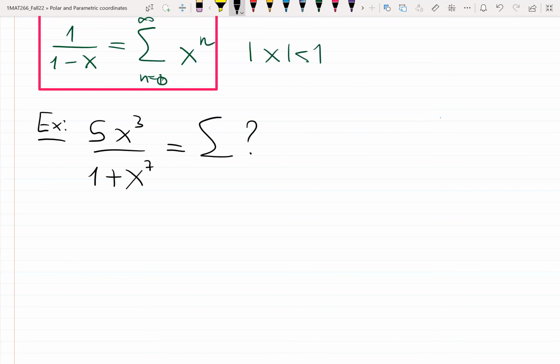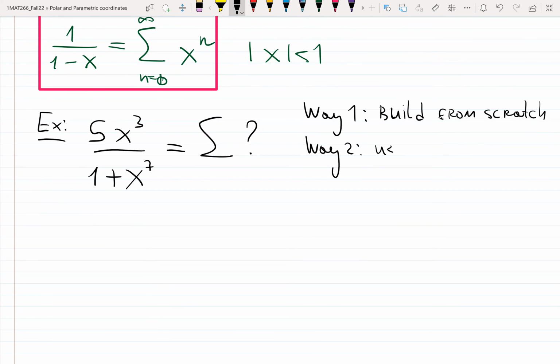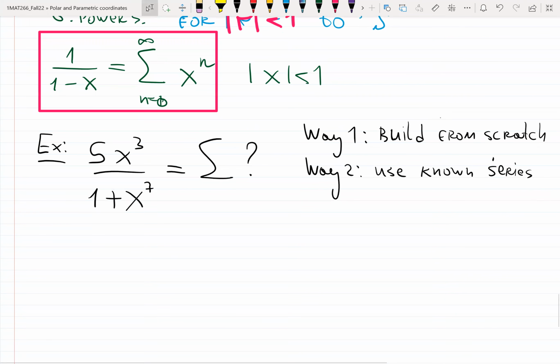I think it's better. Then, so way one, build from scratch. And that's what I did on Friday. And now I have a video recording if you want that. Way 2, use known series, which are called Maclaurin series. So let's use this one as we know the geometric series.